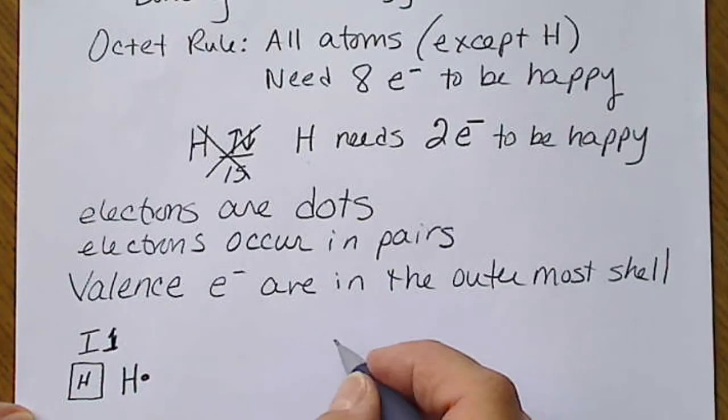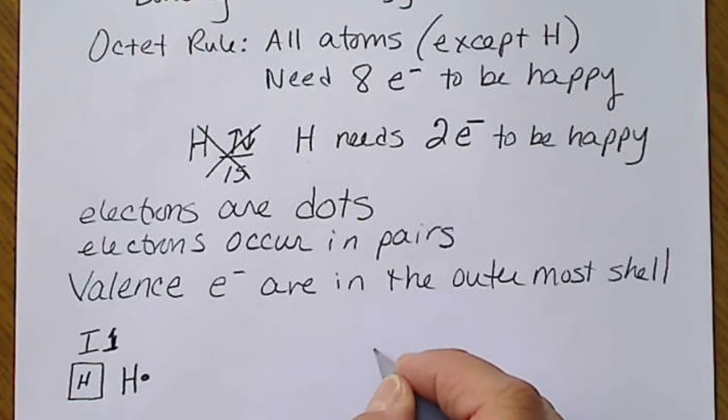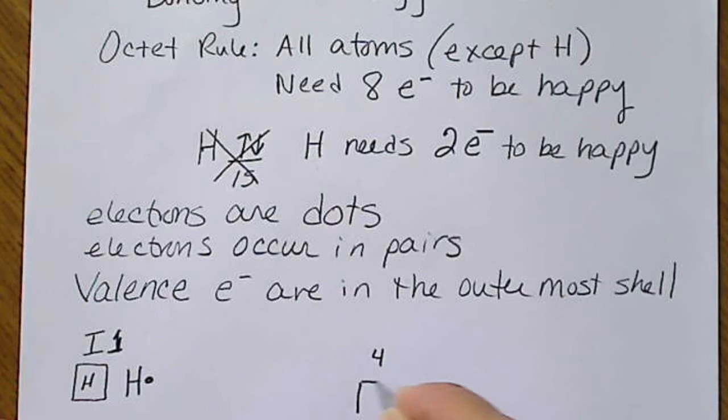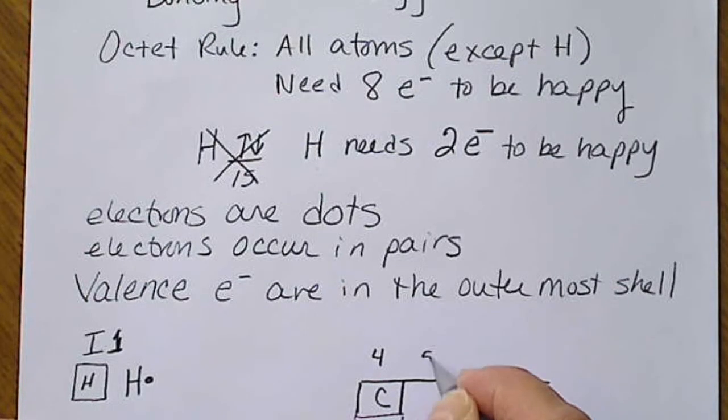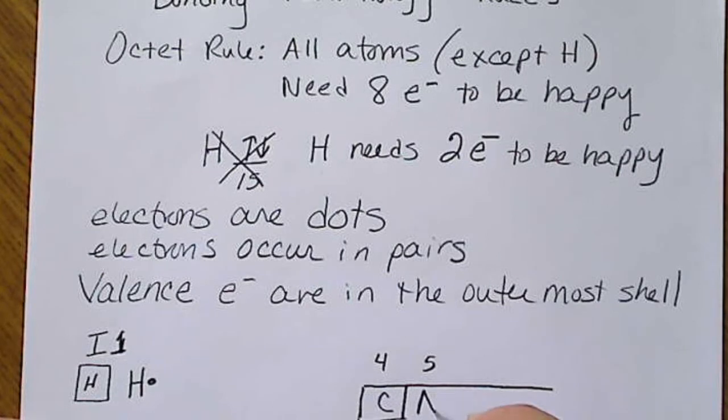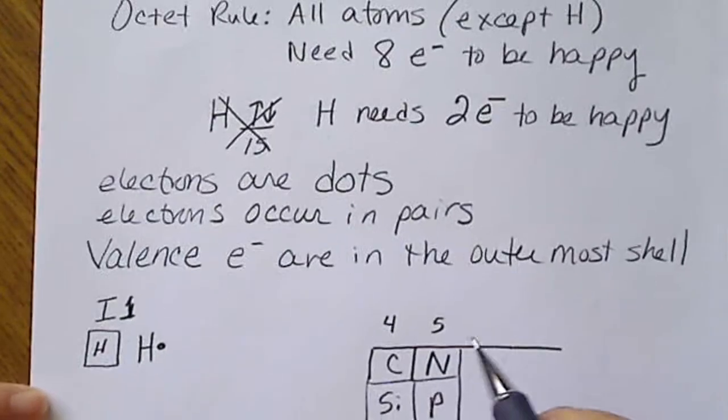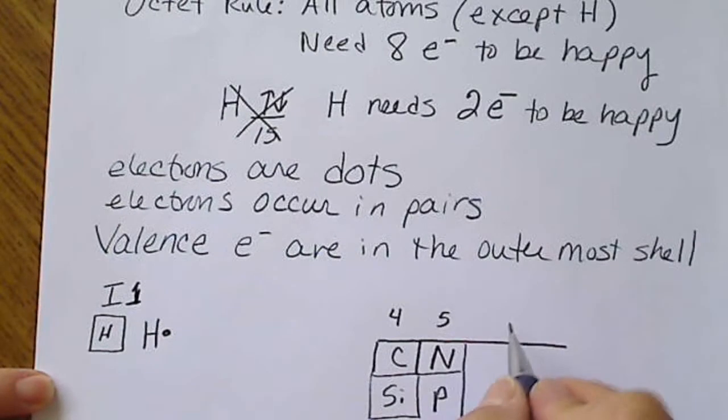Then if we go over to above carbon, there's a number 4 in the periodic table. So carbon and silicon would be in this group 4. Above the nitrogen column is group 5, so nitrogen and phosphorus each have 5 valence electrons.